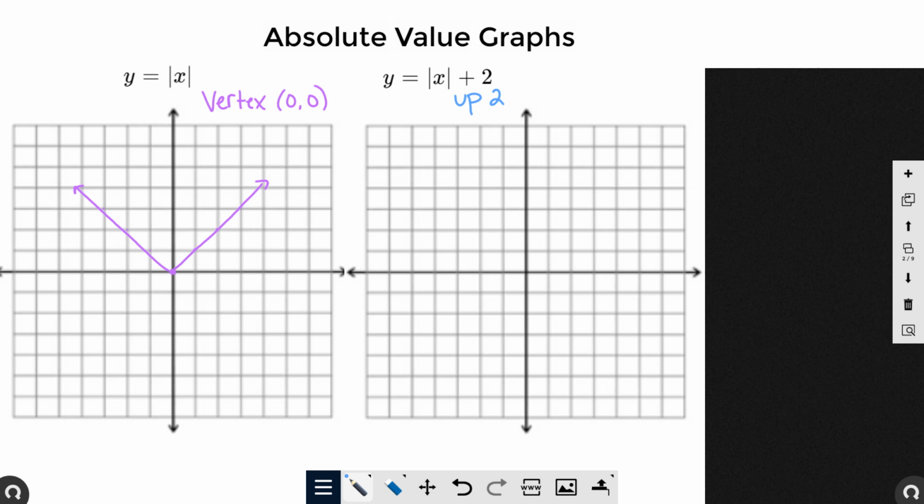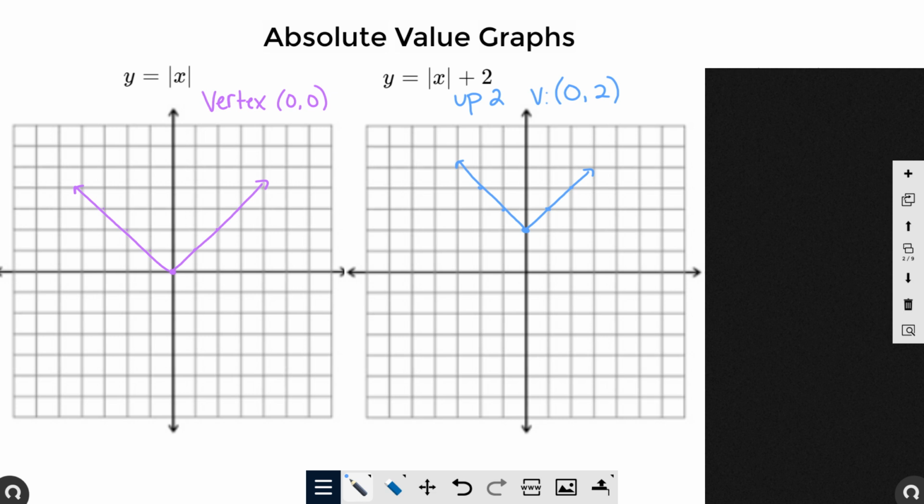So if it moves up 2, that means our vertex is at a new spot. What's my vertex? 0, 2. Very good. It doesn't move anywhere left or right. That would be the first number, but up 2 is the second number. And then the slope is still up 1 over 1 in both directions.